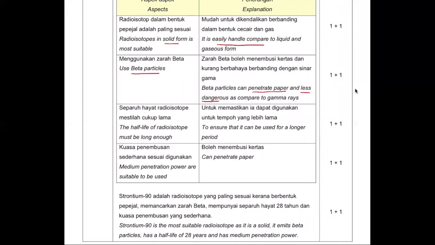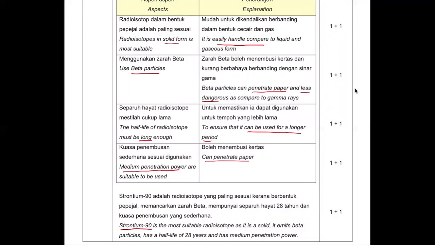And the half-life would be long to ensure that it can be used for a longer period. And the fourth one is medium penetration power. It can penetrate paper. And your choice is strontium 90.